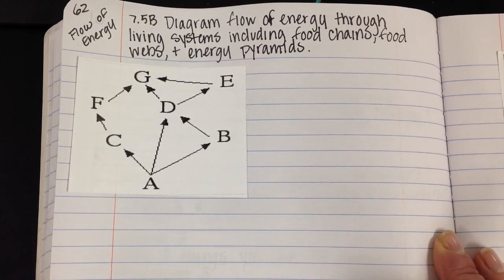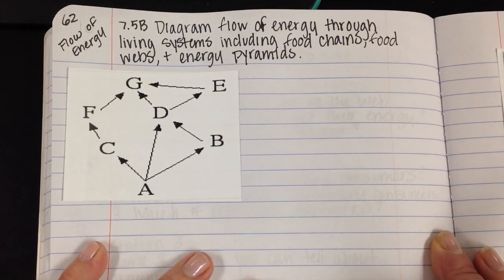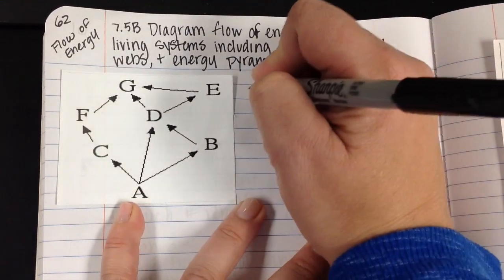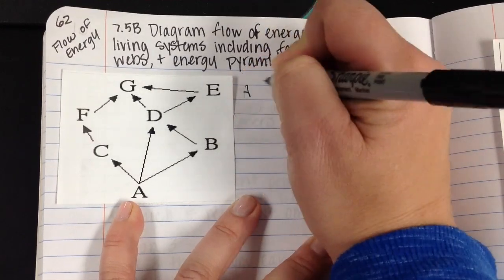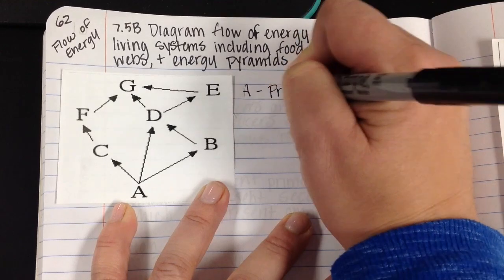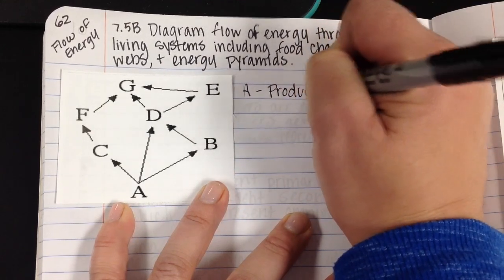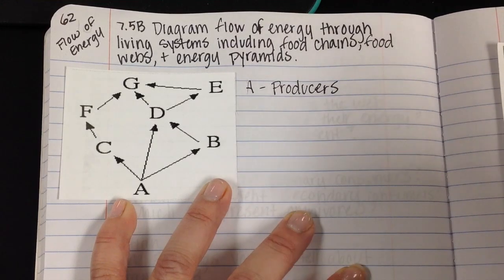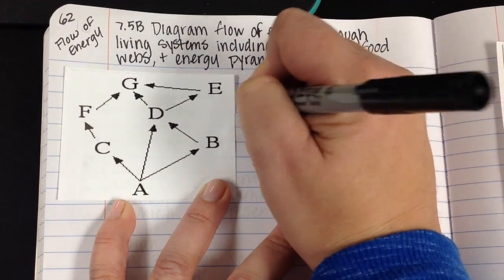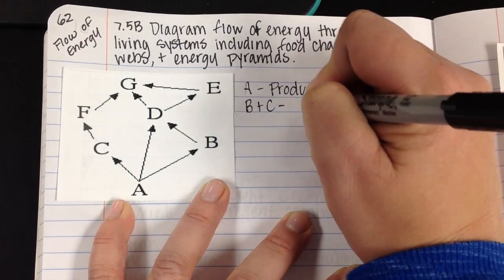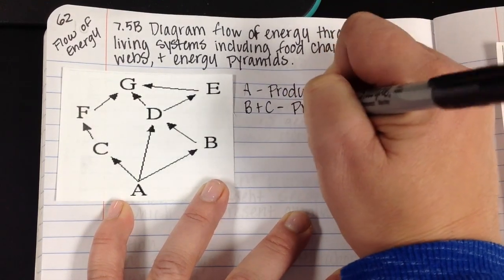Let's continue on. Okay, we're going to take notes about each of the organisms in our picture. So organism A is producers. Organism B and C are primary consumers.